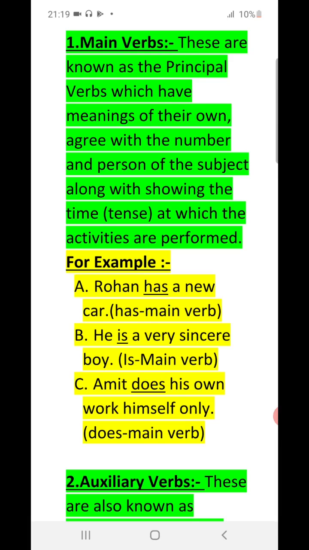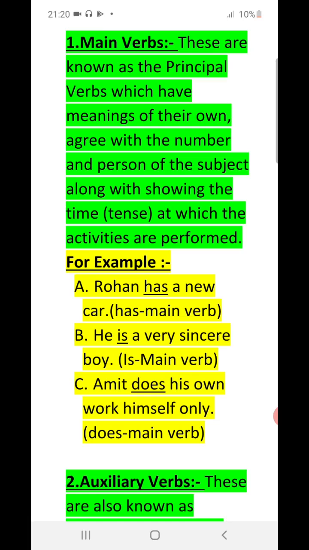Next, B. He is a very sincere boy. Is over here is the main verb. Means a boy is sincere. So is what he is basically. So here this very word, quote unquote, is very important and is acting as the main verb.